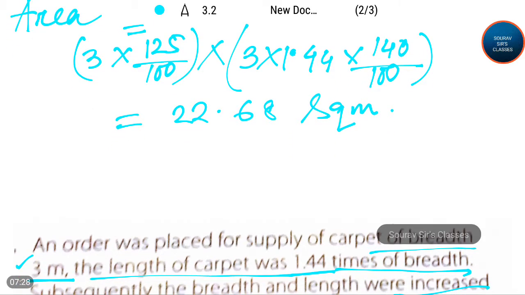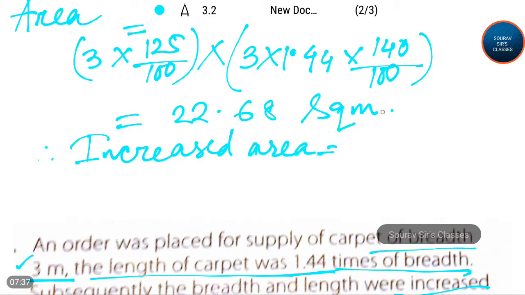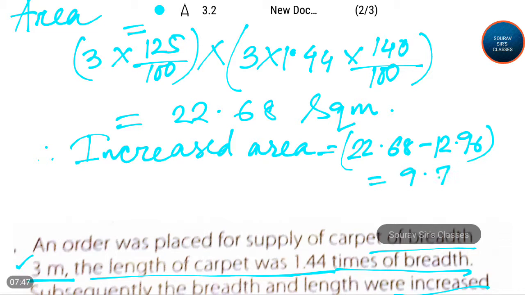Now the increased area is 22.68 minus 12.96, that is equals to 9.72 square meter.